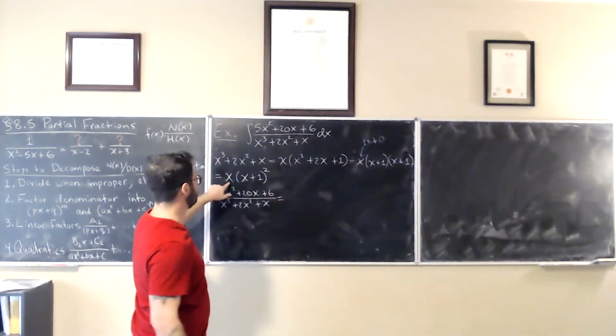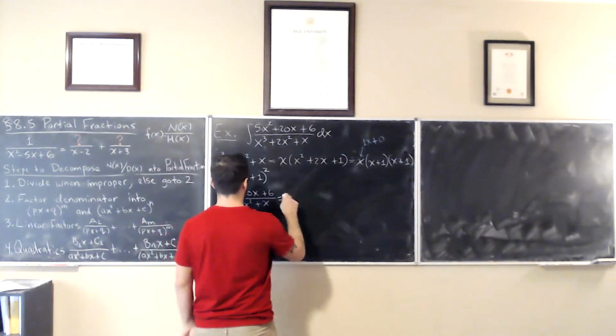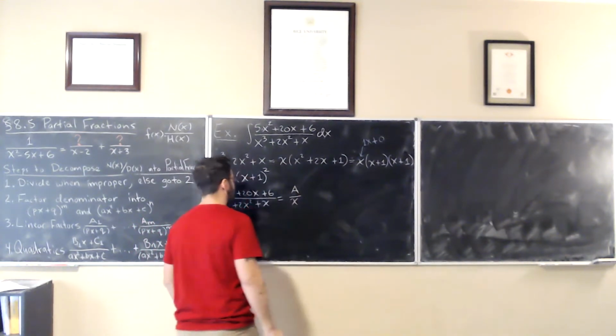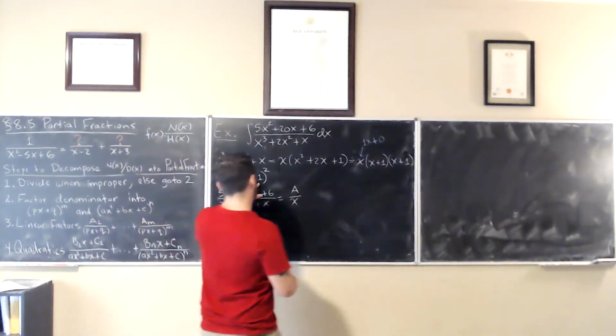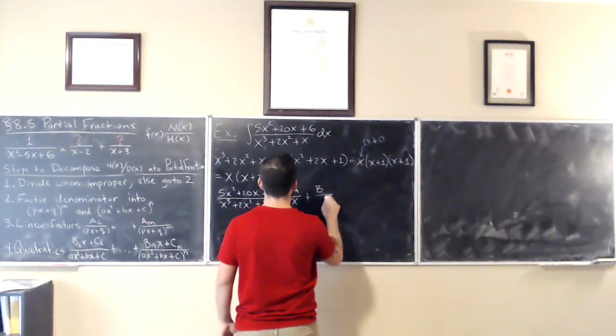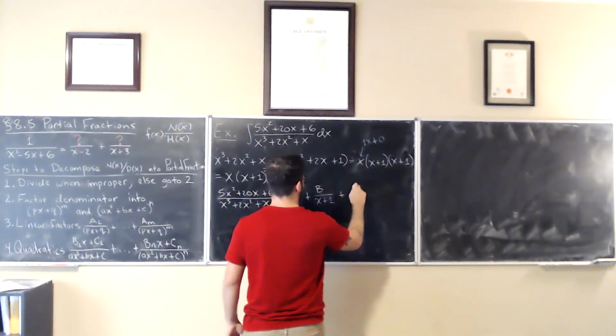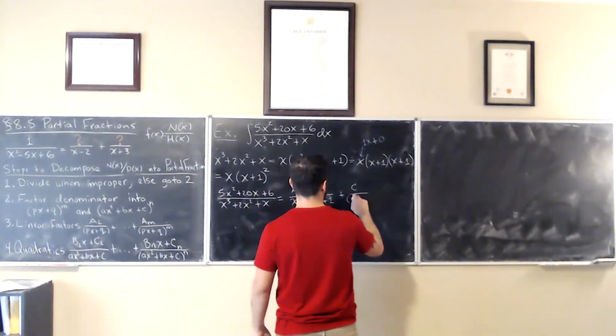There's only one factor for this linear factor, so we're just going to use A over x for that. But now for this linear factor, there's two of them, so I need two variables for that. One for x plus 1, and then another variable for x plus 1 all squared.